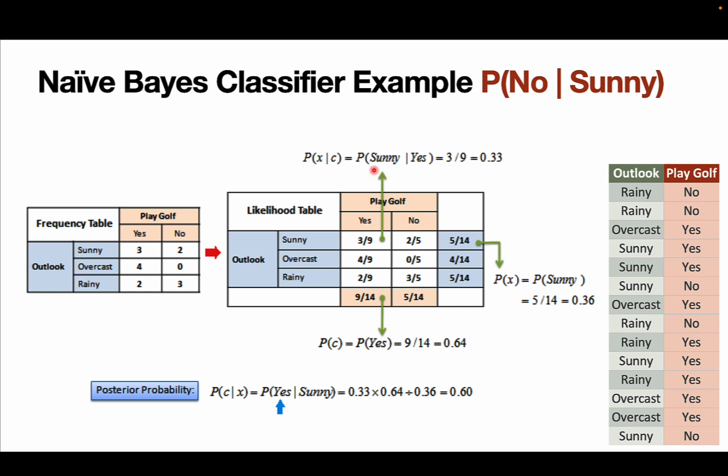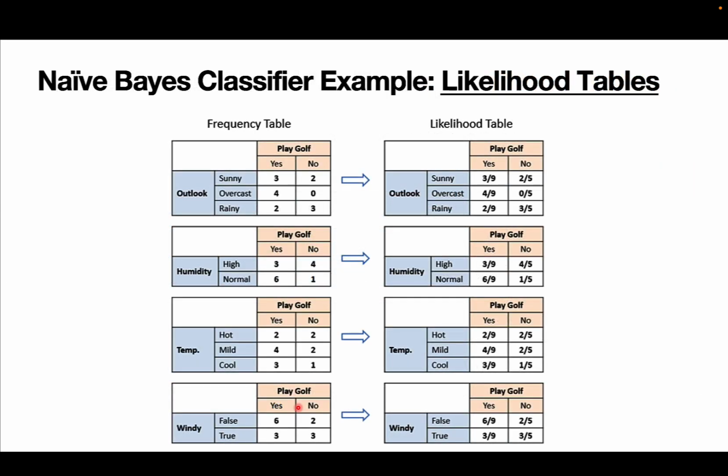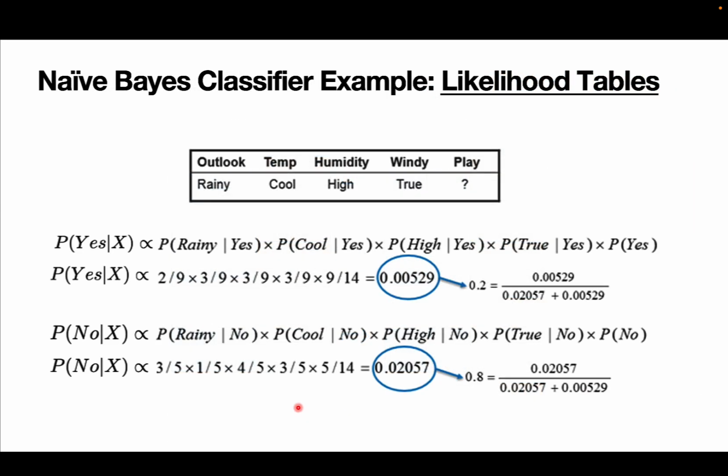Here I have the probability of sunny given yes, the probability of sunny and the probability of yes, and I can compute the posterior probability of yes given sunny. Similarly, I compute the probability of no given sunny, then multiply them by the prior probability to get the classification.